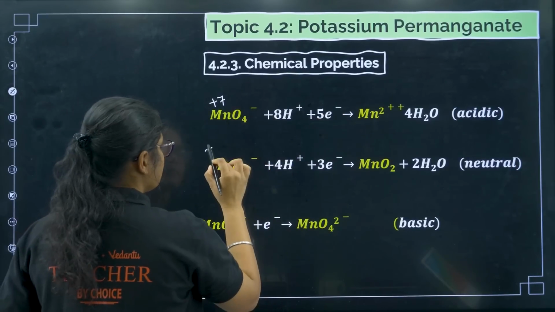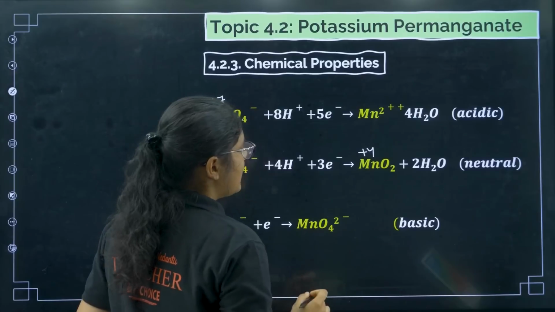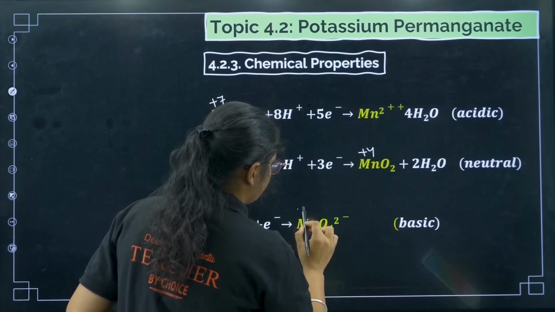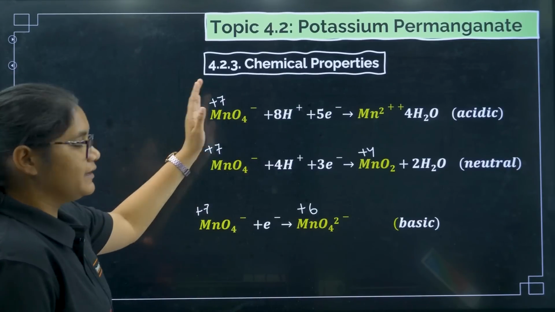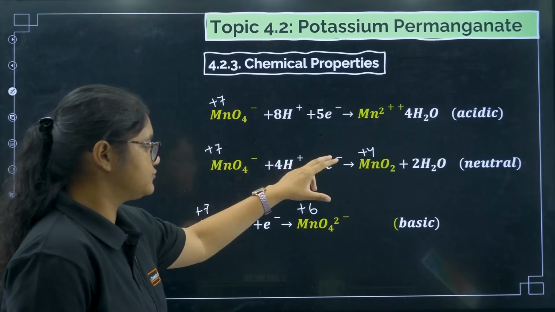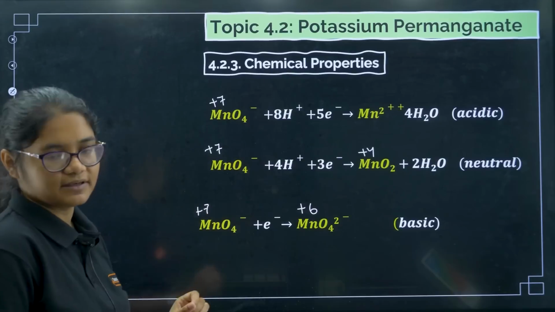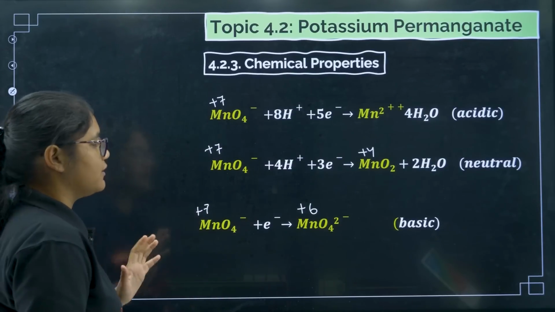In neutral medium, the +7 goes to +4, and in basic medium from +7 it goes to +6. So you can see +7 to +2, +7 to +4 and +7 to +6, that is acidic medium, neutral medium and basic medium. So it behaves differently in different medium. That is what you have to remember.